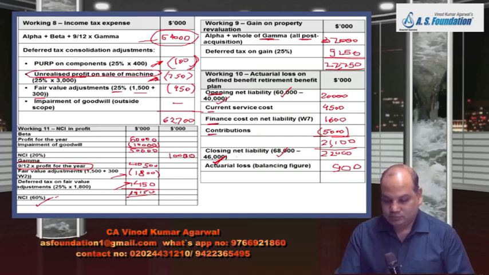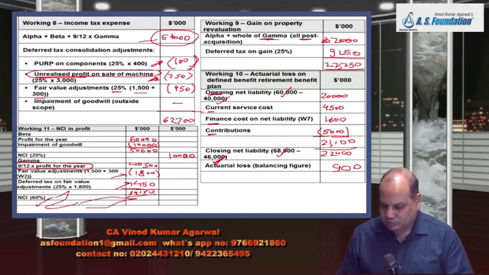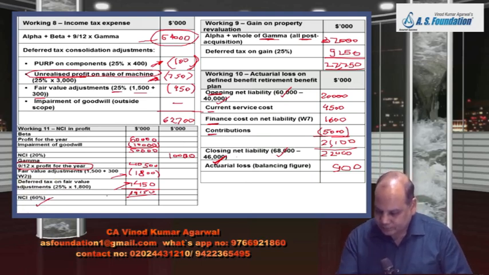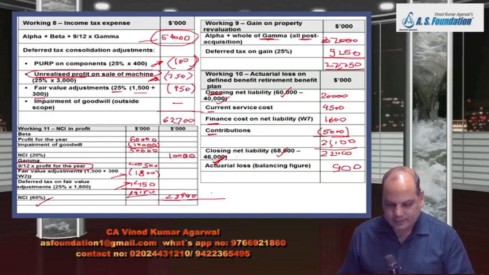What is the NCI in this subsidiary? 60%. 23,490. Right, 23,490. And now total of both the NCI, 33,490.